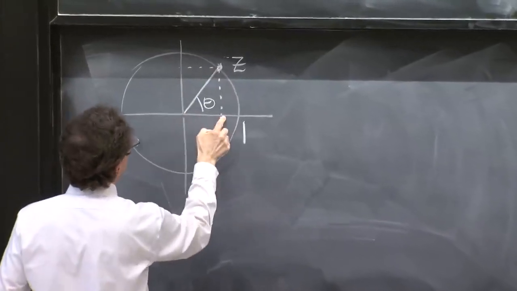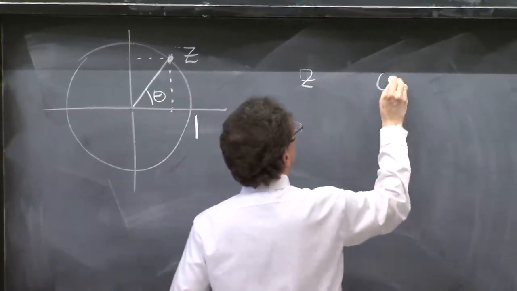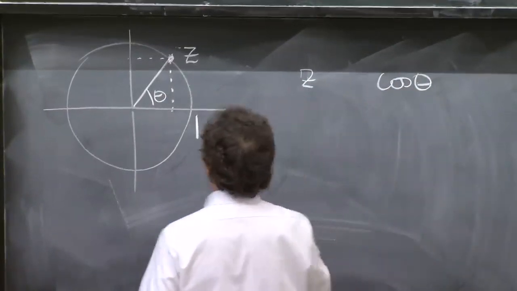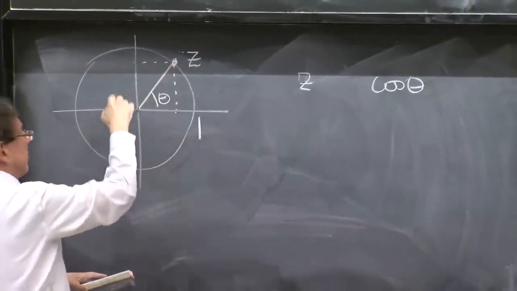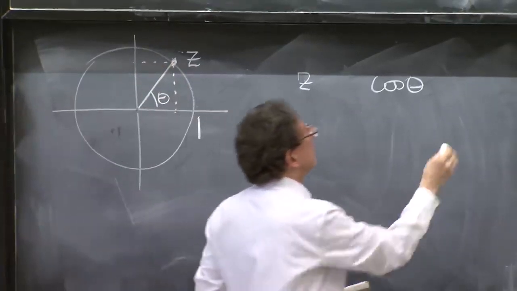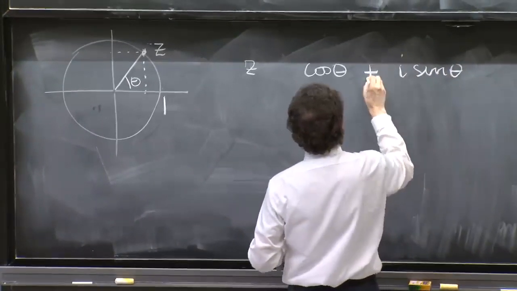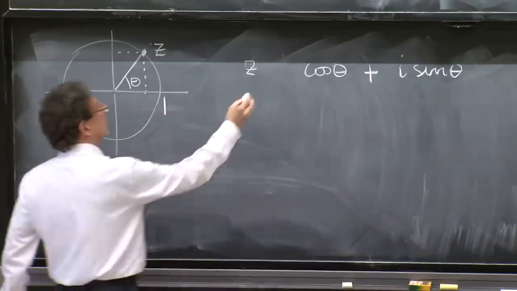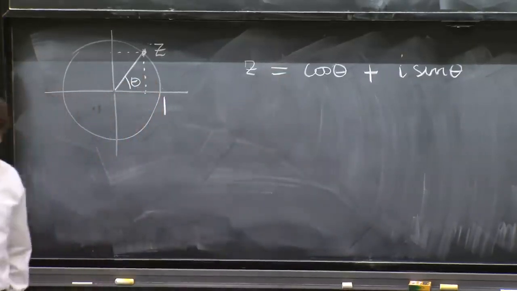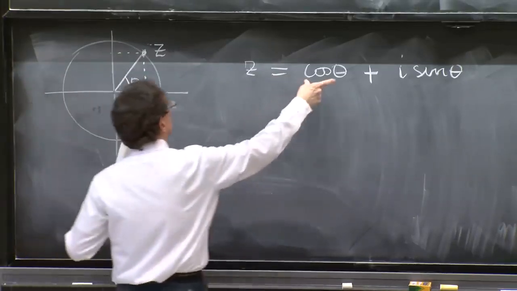So I would know that its real part would be cosine theta, and its imaginary part would be sine theta. It's a circle of radius 1. So that must be the complex number. z must be equal to cosine theta plus i sine theta, because the real part of it is cosine theta.